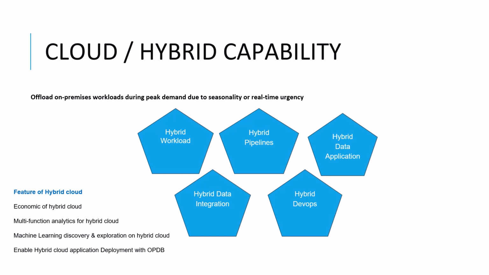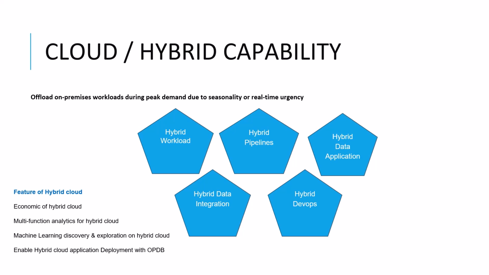What is hybrid workload? It offloads on-premises workload during peak demand due to seasonality or real-time urgency. Hybrid pipeline: optimize pipeline with cloud data cluster for easier management and no change to operation for SLA.